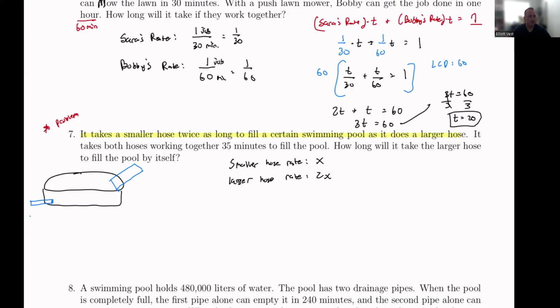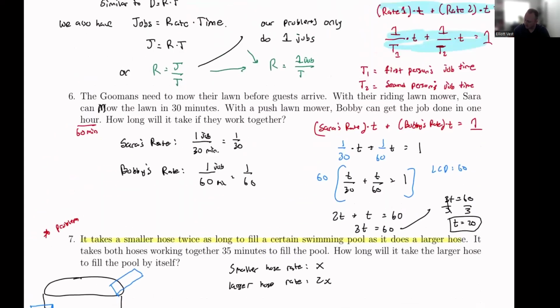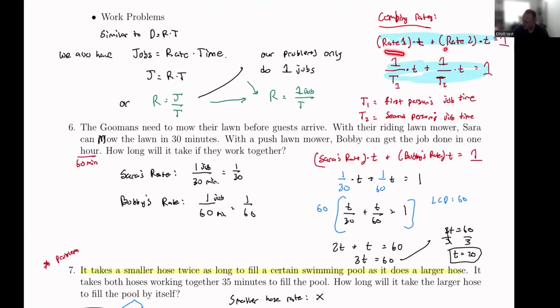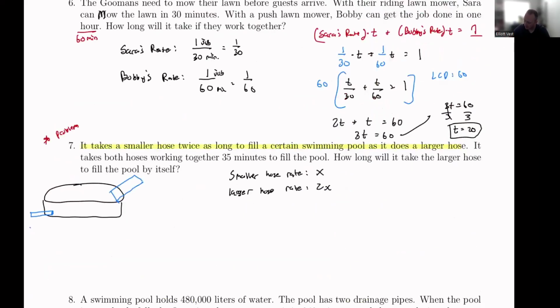So how do we do a problem like this? Well, if I have a smaller hose rate and a larger hose rate, let's use this formula. I have rate 1 and I have rate 2. I'll do rate 1 times time plus rate 2 times time equals 1 here.